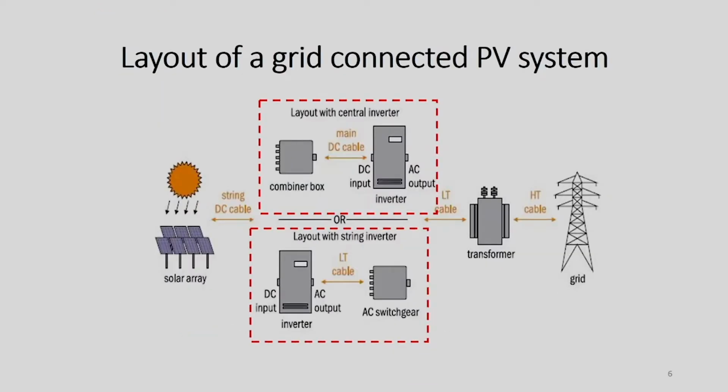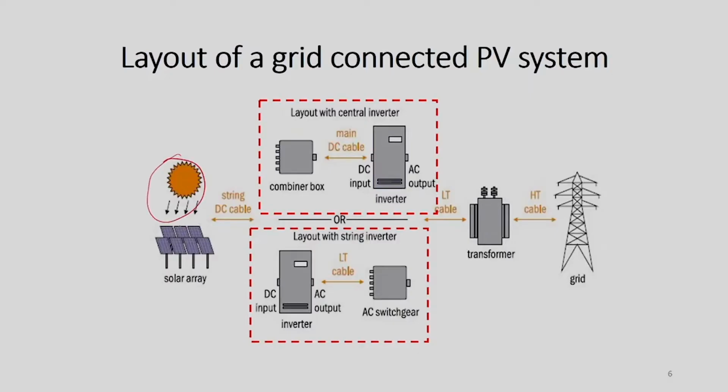Now, this figure shows the layout of a grid connected PV system. As we have discussed, the energy from the sun is received by the PV array, and after generating current, that has to be transferred to the inverter. Different kinds of inverters are there, we will discuss them in the coming slides. If we use a central inverter, then this DC current will connect to the combiner box, then it goes to the inverter.